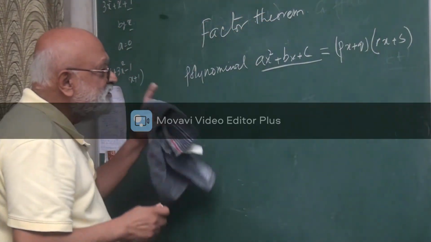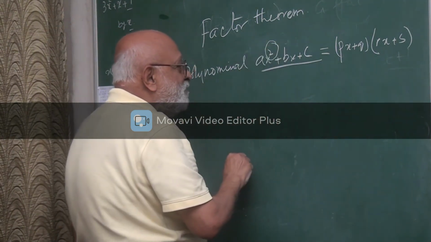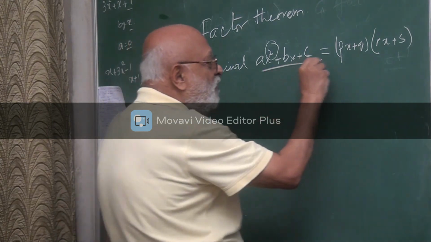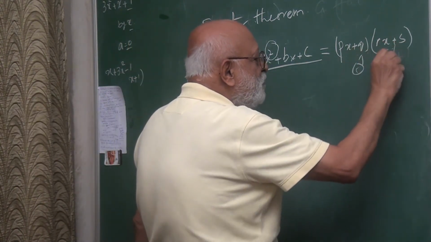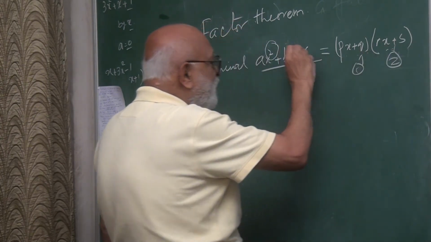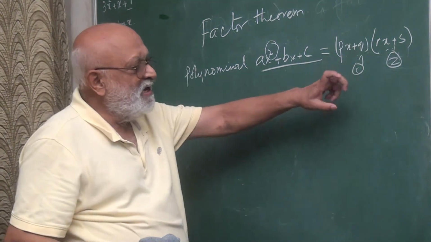Okay, because remember, since this is a quadratic polynomial, there can be only two roots. So it can be only two factors. If it were cubic, there would be 3 factors. You must remember this immediately.